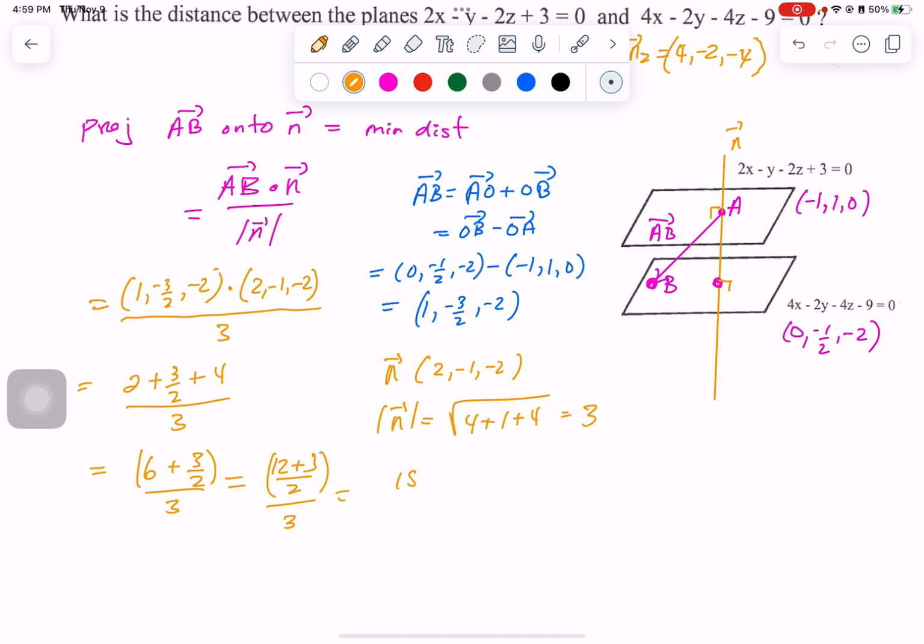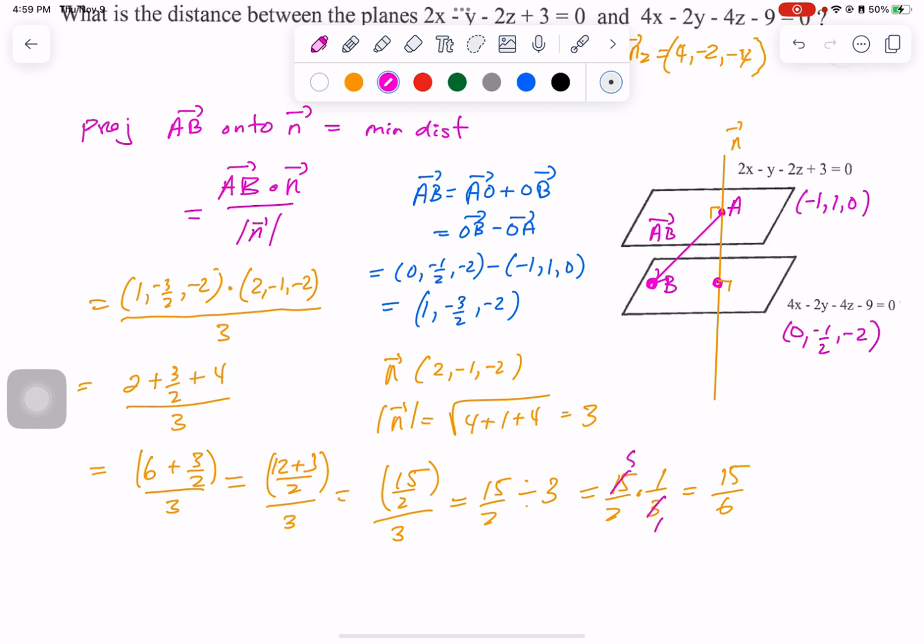So that's going to be 15 over 2 over 3, which means 15 divided by 2 divided by 3, which is 15 over 2 times 1 over 3. So it's actually going to be 15 over 6.